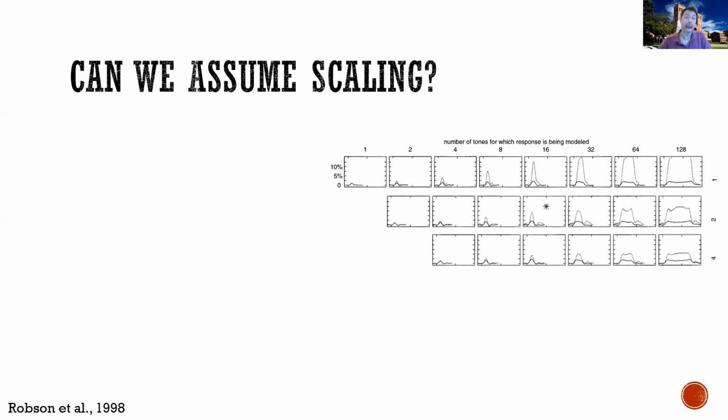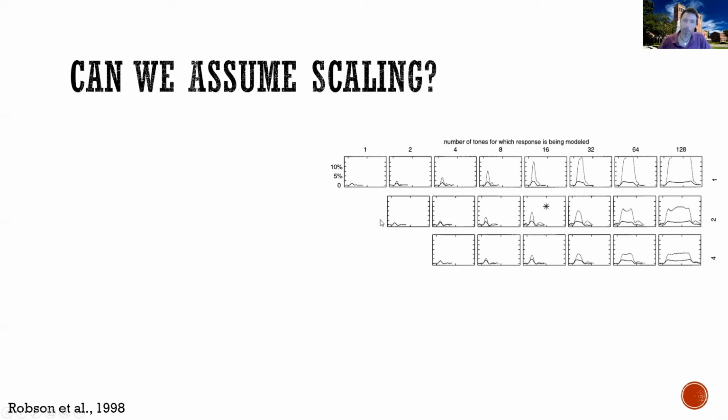So you can take the actual response to 2 tones, multiply it by 2, and see if it matches the actual response to 4 tones. Multiply it by 4, and see if it matches the actual response to 8 tones, which is the one you see again in bold. And the prediction is the one that you see in the lighter color.